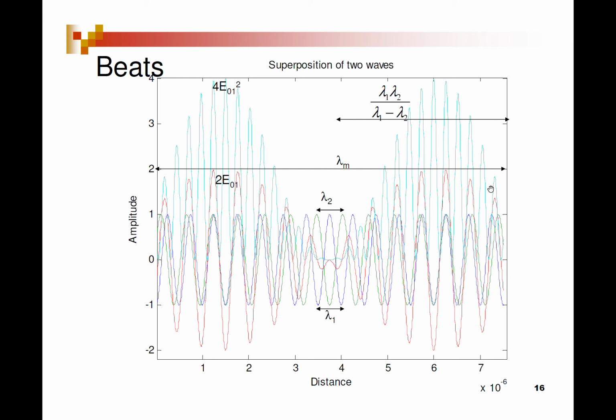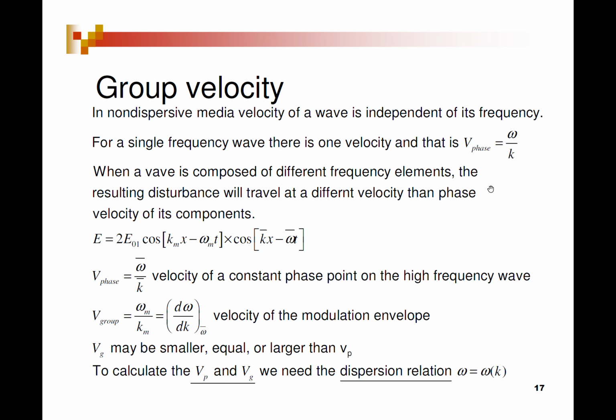And then for these cases, the phase velocity and the group velocity are different. The phase velocity is given by omega bar over k bar, and the group velocity is d omega bar over dk at omega equal to omega bar, or omega m over km.